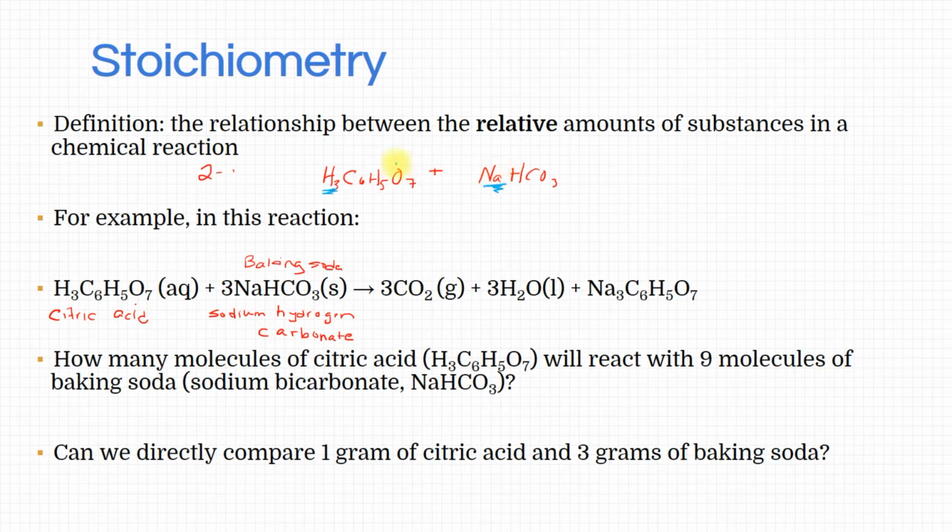The sodium is going to connect up with the other part of the citric acid, everything except the hydrogen. So we're going to kick out the hydrogen. The sodium's going to pair up here, and the hydrogen's going to pair up with the negative part of baking soda. So what we would probably first predict is that you're going to get sodium with this thing.